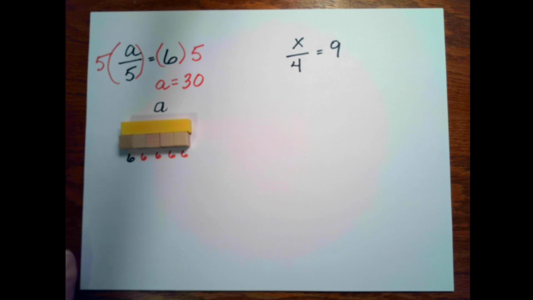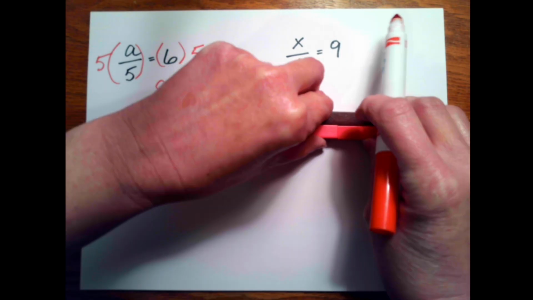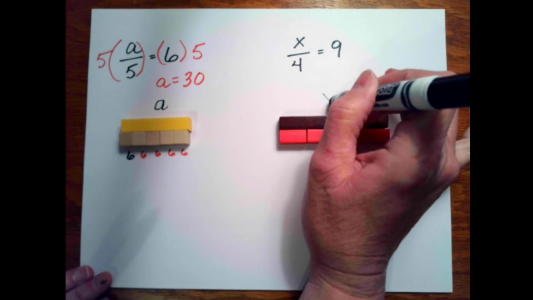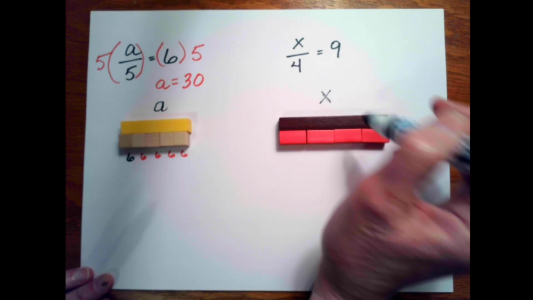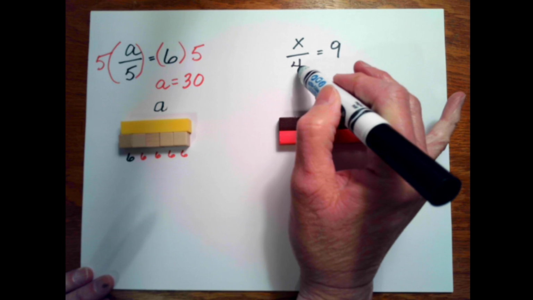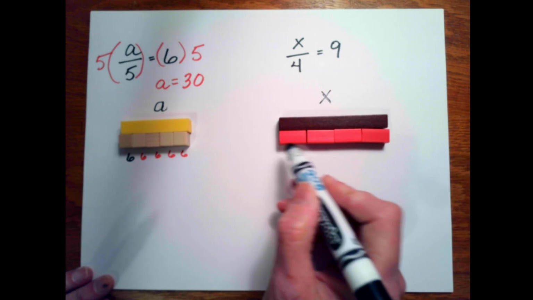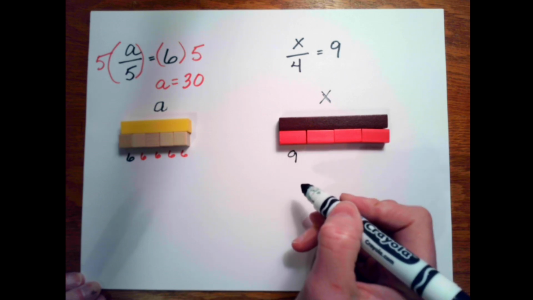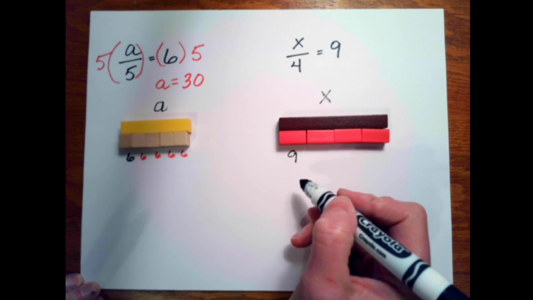And so what happens if you have this? X divided by 4 equals 9. So if this is my X, when I divide it by 4, one of those parts is 9. 1/4 of X is 9.